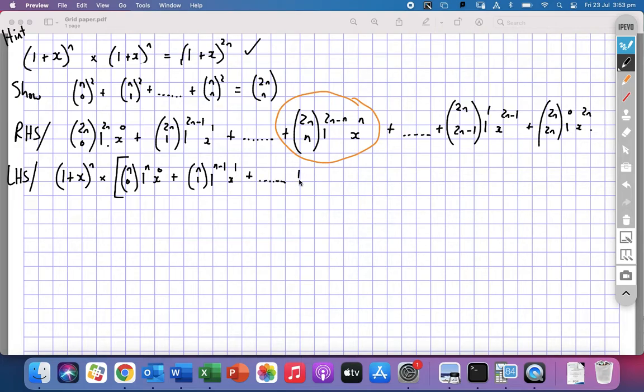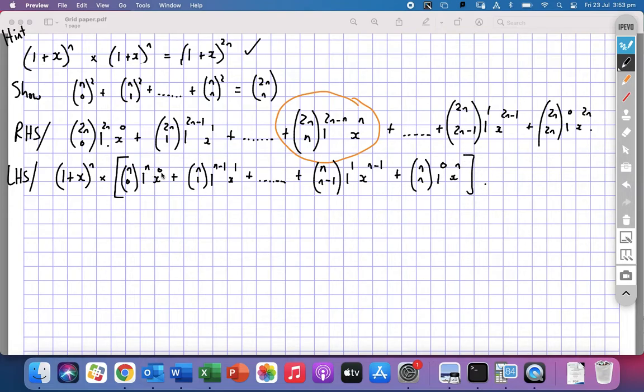Obviously you've got potentially infinite terms here, depending on what your n is. N minus 1, just put the last two on. That's the 1, x to the n minus 1, and then your last term would be n choose n, 1 to the 0, x to the n, right?